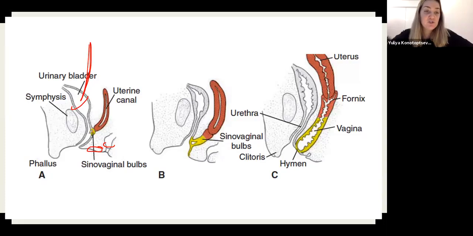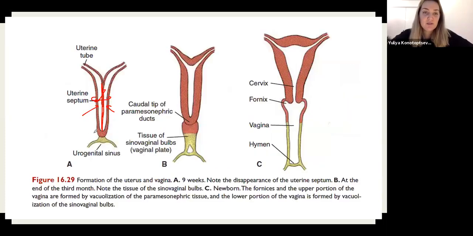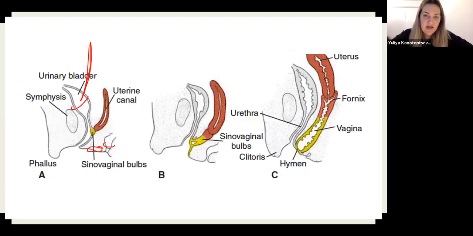So this sinovaginal bulb is endoderm, and you can see that two paramesonephric ducts, when they're fusing together, they are attaching to this sinovaginal bulb right here, right? So fusing together. So what's going to be happening next? You're going to see that your sinovaginal bulb starts to proliferate forward, keeps on proliferating until vagina is formed, until most of the vagina is formed.